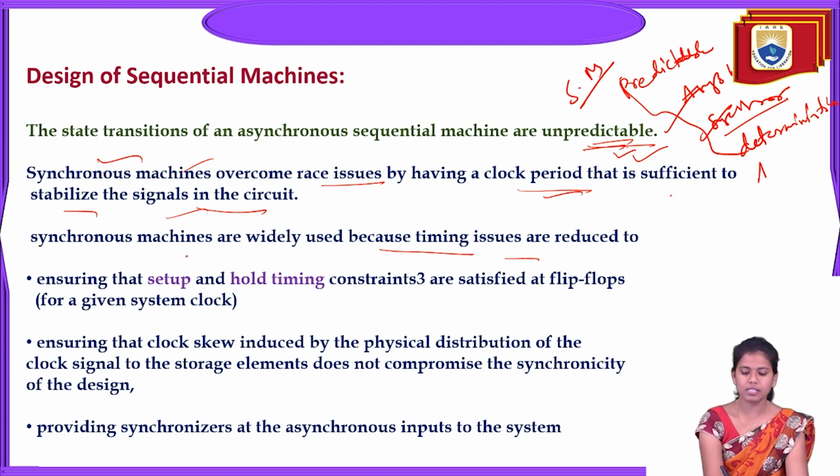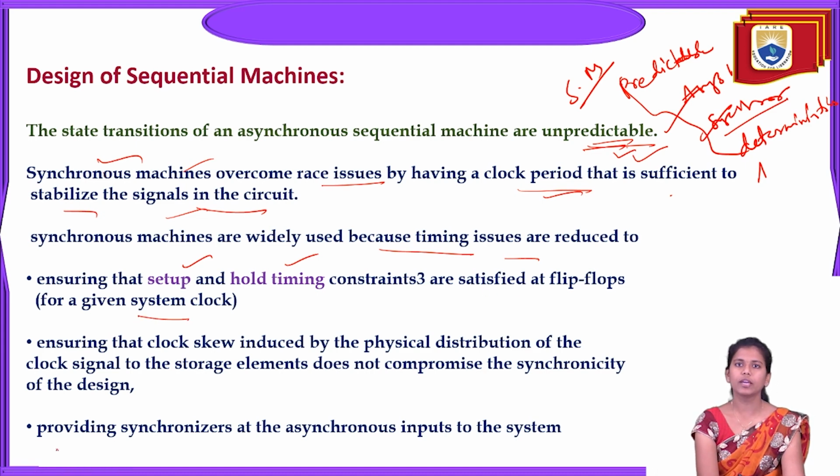Then, we must ensure the setup and hold timing constraints are satisfied at flip-flops for a given system clock. In designing these sequential machines, when the signal transitions, we come across setup time and hold time. In synchronous sequential circuits, we ensure the signal does not go beyond the time constraint and goes on in a proper way.